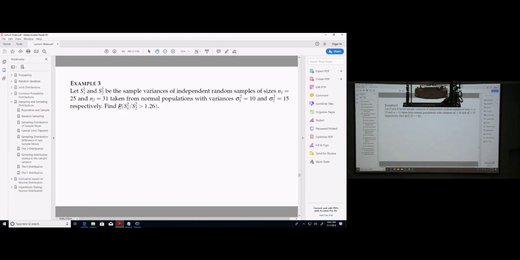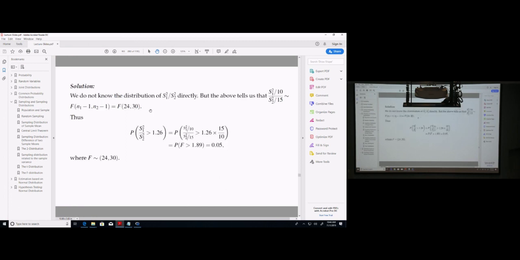So I'm interested to calculate this, all right? So now we have to re-express this. This is almost the form of an F distribution, because it is actually the ratio of two normalized chi-square. So we have to do something about this first, all right? And then when we have the F distribution come in, then we look it up in the table. So this is how it comes about.